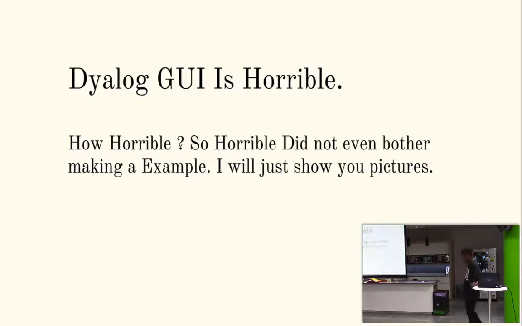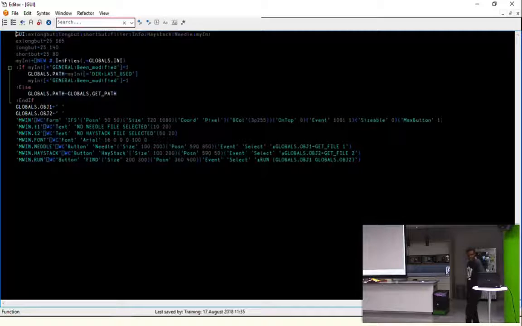Because Dialog GUI is horrible. I don't know why they put that code out there, and I don't know why they still keep on updating it, but it's still there. And I'm going to show you some examples so you guys can see, but it's just the worst thing ever.